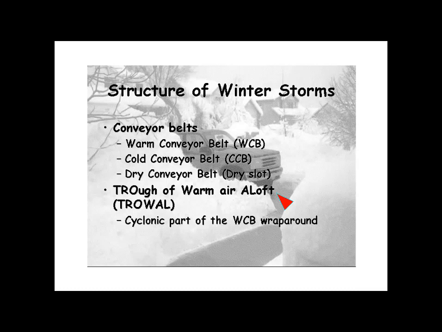And in the cyclogenesis session, we referred to the cyclonic part of the warm conveyor belt as the secondary warm conveyor belt, and the exact terminology here is that when the secondary warm conveyor belt starts to show occlusion beginning, then we call it the trowel. And for that reason, we'll use the terms interchangeably because it can sometimes be ambiguous as to exactly when that occlusion begins. So just keep in mind that we'll be using those two terms to refer to the cyclonic part of the warm conveyor belt.